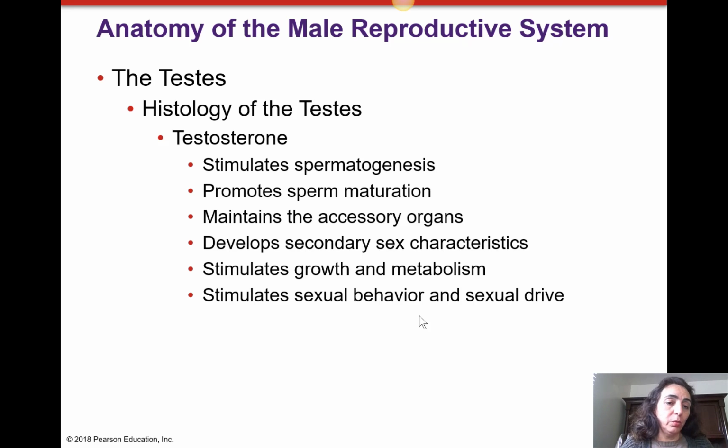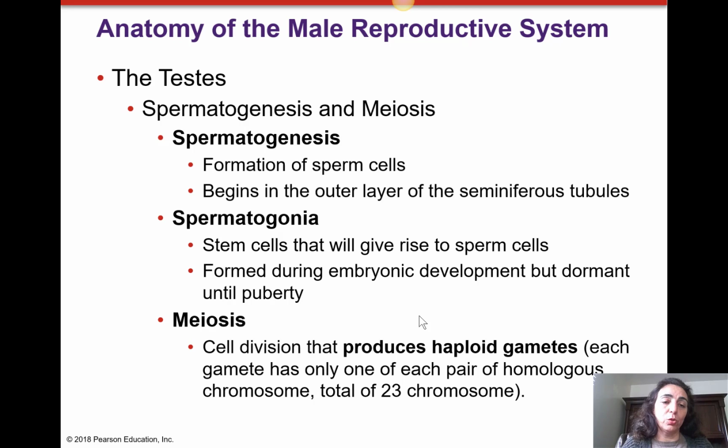So these are stimulated by the testosterone. Those were the functions of the testosterone that we mentioned. Now let's talk about the sperm and how the sperm is produced.